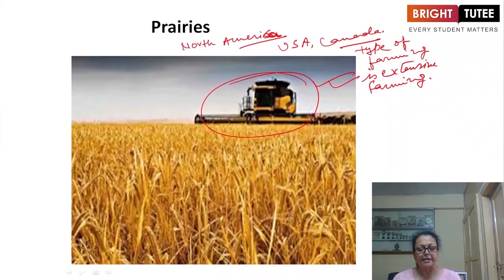Wheat is extensively grown here. What is the most important crop? It is wheat. This is one of the important areas for wheat production in the world, and for this reason this area is called the bread basket of the world. Prairies are known as the bread basket of the world.